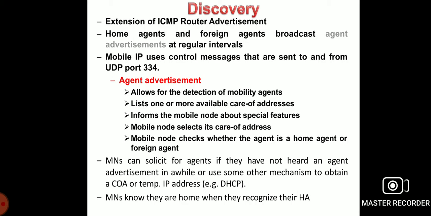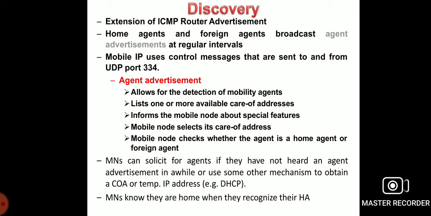So it allows for detection of mobility agents, the list of one or more available care-of addresses, and informs the mobile node about special features. The mobile node selects its care-of address and checks whether the agent is a home agent or foreign agent.